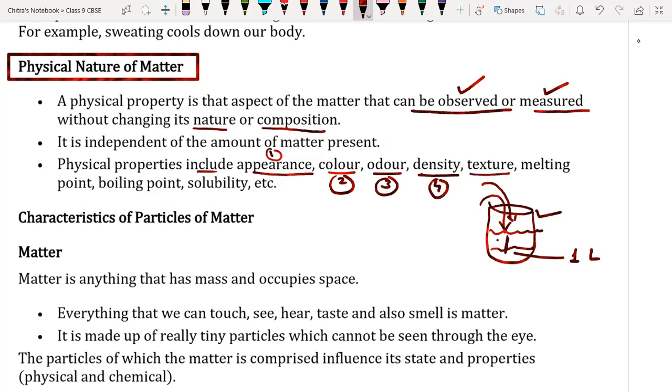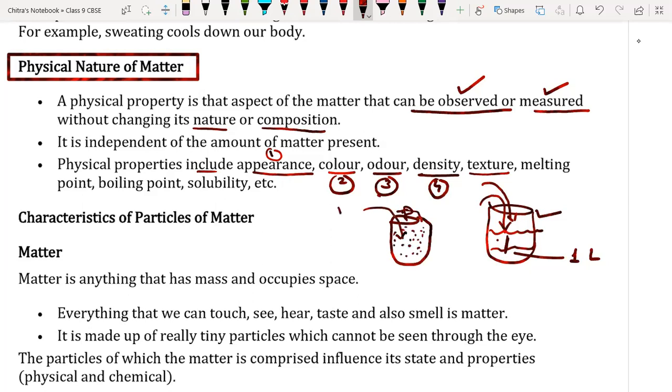Physical nature of matter can also be independent of the amount of matter present. Most of the properties do depend on the matter, but sometimes, suppose in a container we have taken gas. Suppose here we have a closed container like a cylinder, and we have taken 1 liter of gas. So 1 liter of gas will acquire the whole volume of that container, right?